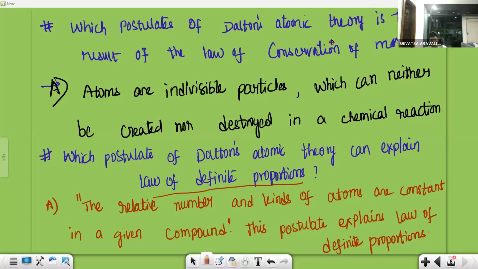Again: which postulate of Dalton's atomic theory is the result of the law of conservation of mass? Atoms are indivisible particles which can neither be created nor destroyed in a chemical reaction.